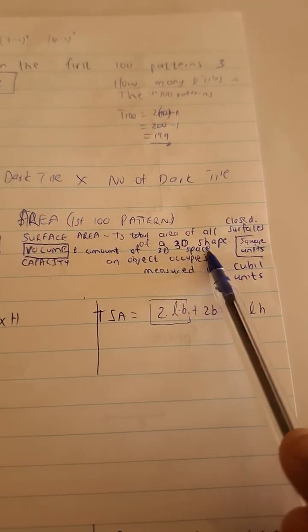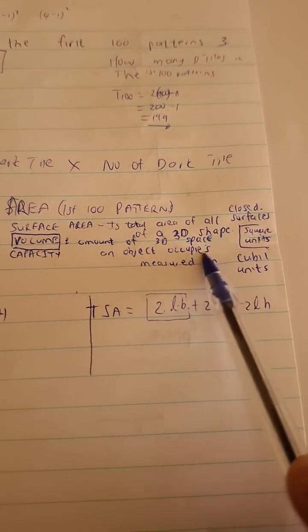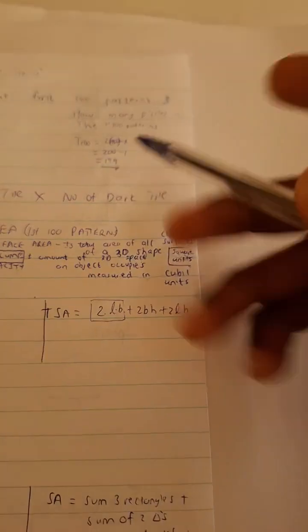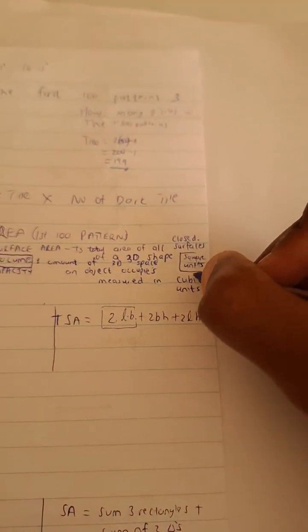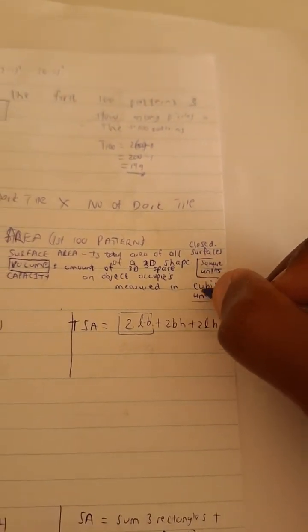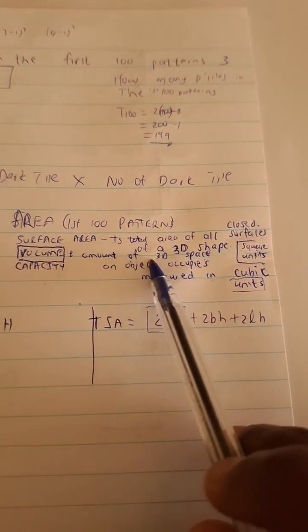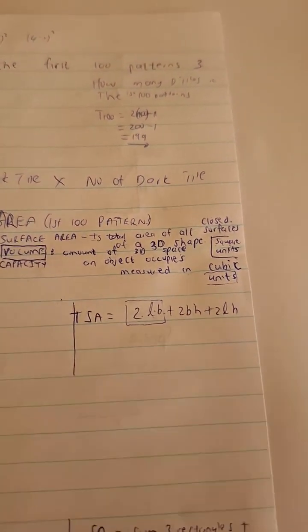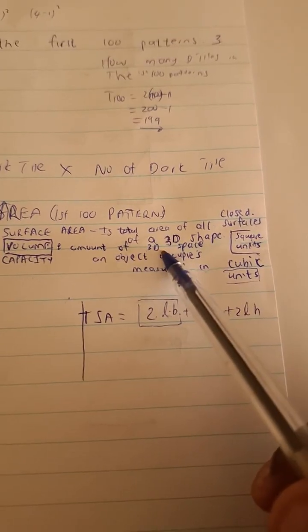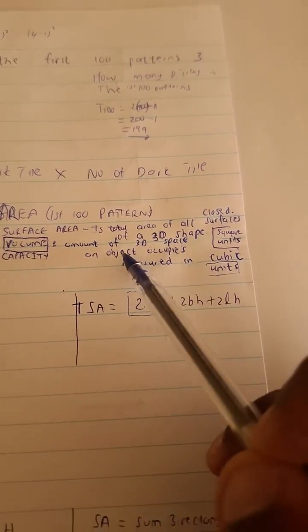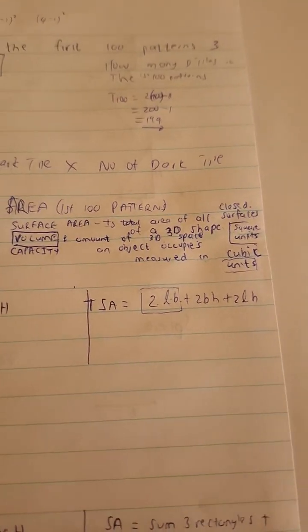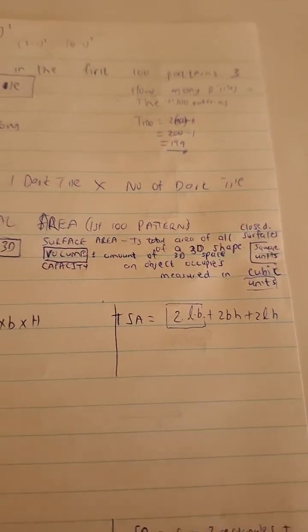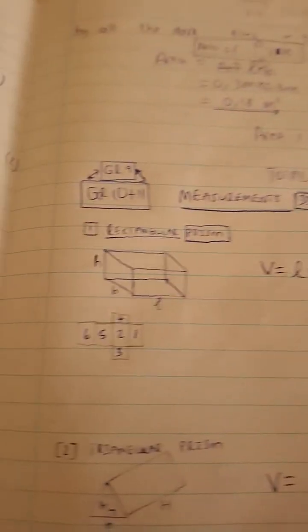The amount of 3D space an object occupies is measured in cubic units, because we are talking about the space that it will fill and occupy. That is what volume is.